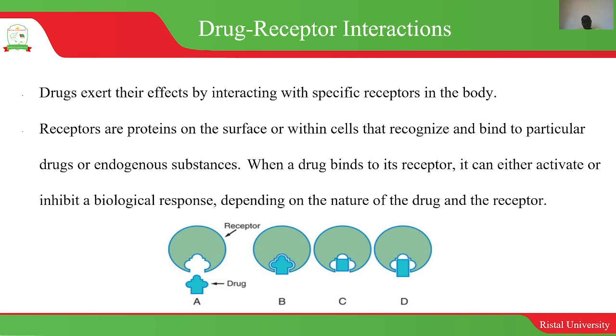Once we take a drug, it has specific receptors that it binds to. It binds selectively to certain receptors and not others, because that specifies the specific action of this particular drug.